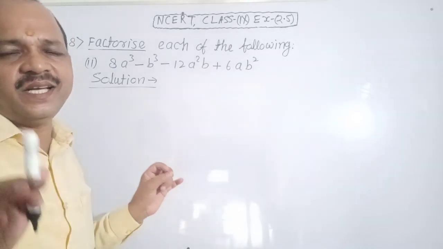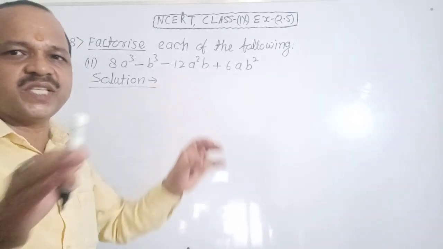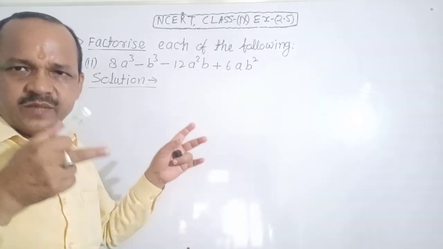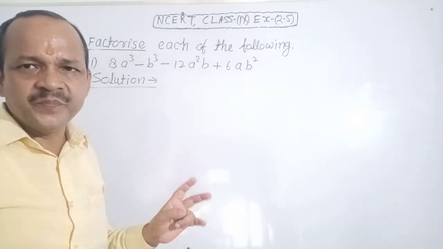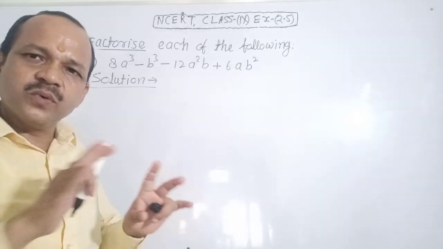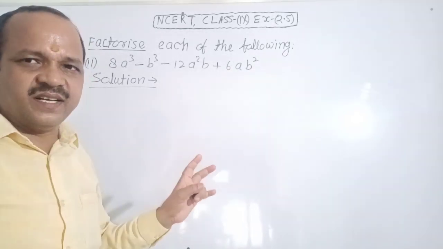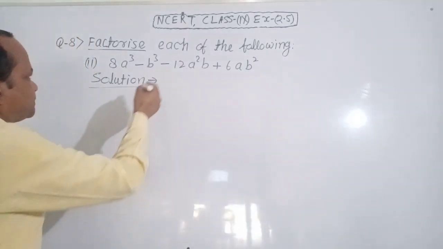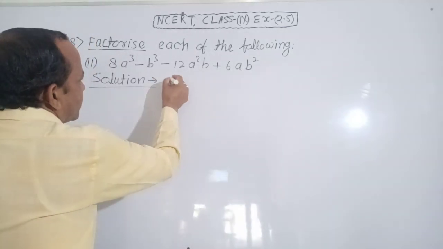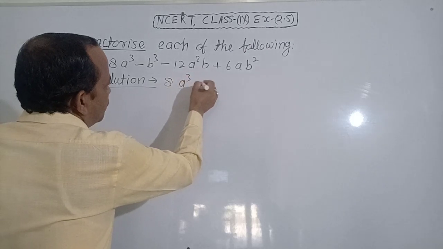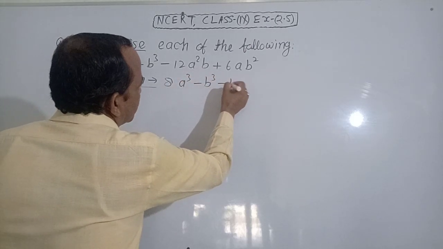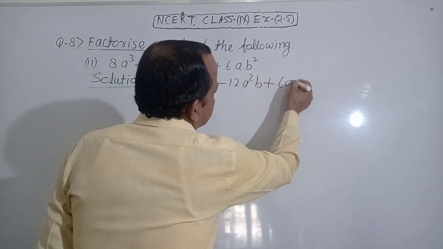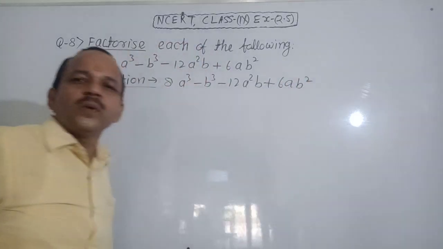It is very easy. You can solve this question very easily. But concentrate your mind, listen to my words with full concentration and see the board with full concentration. Is it clear? Very good. See the board. 8a cube minus b cube minus 12a square b plus 6ab square.